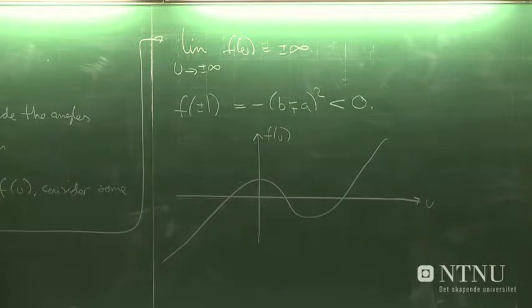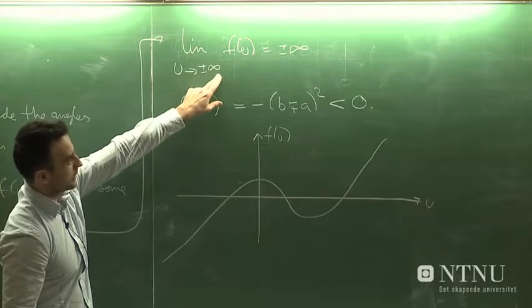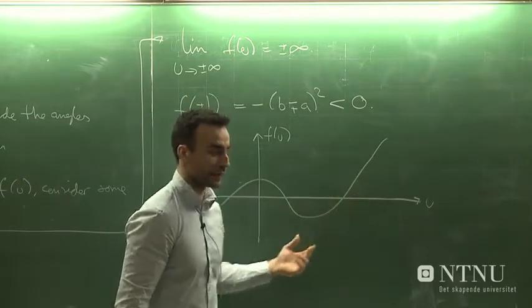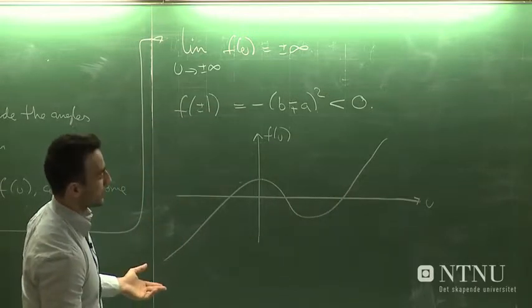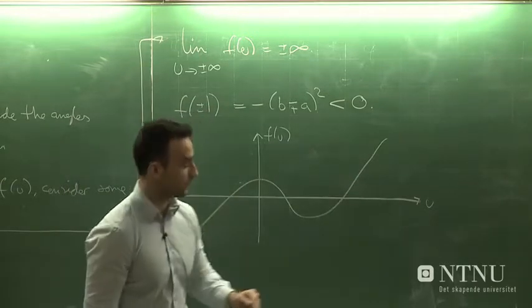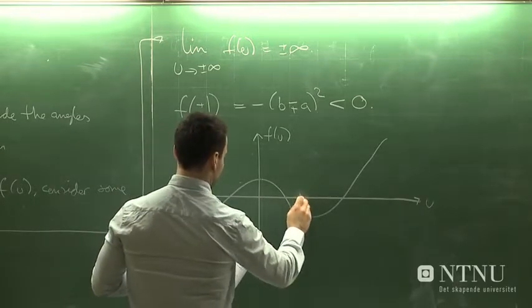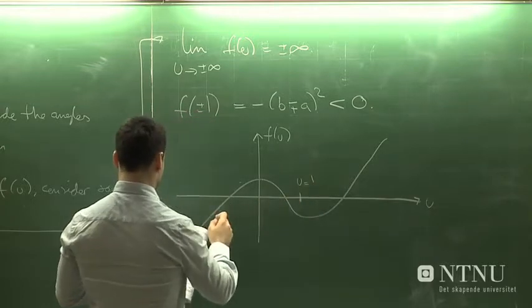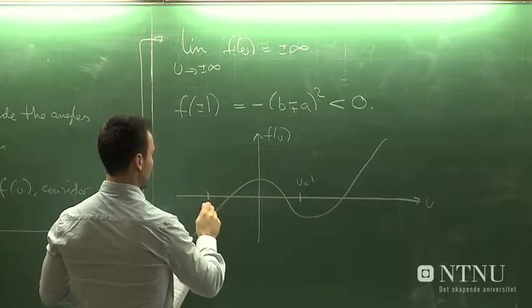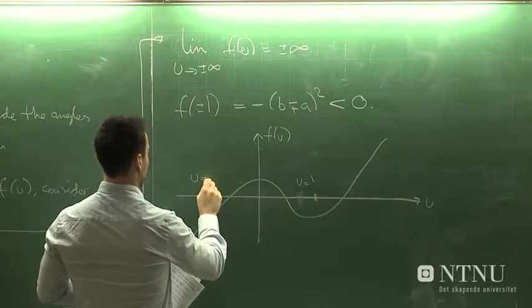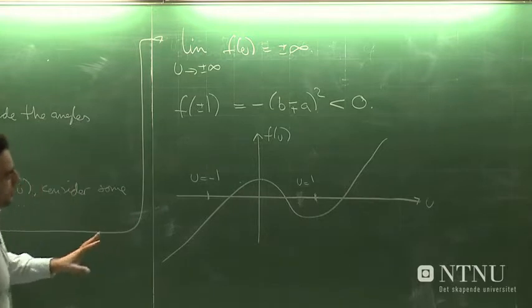And I propose to you that it should look something like this. First, we can note that it satisfies the correct limiting values when u goes to plus minus infinity. It has to diverge here and here, but to opposite signs. And both at u equals plus minus 1, it has to be negative.